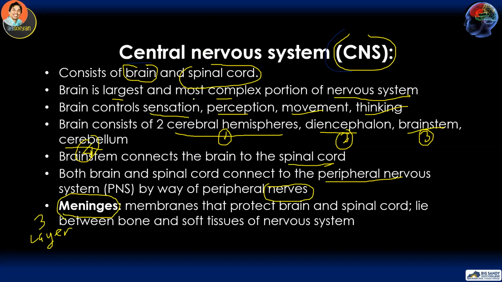The nervous system actually consists of only 3 organs: the brain, the spinal cord, and the nerves.